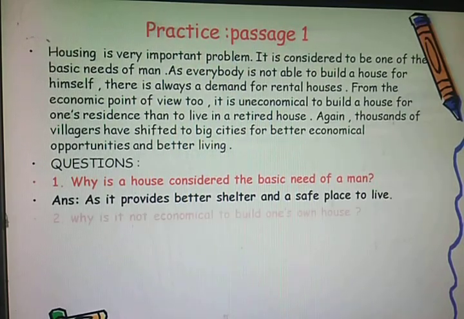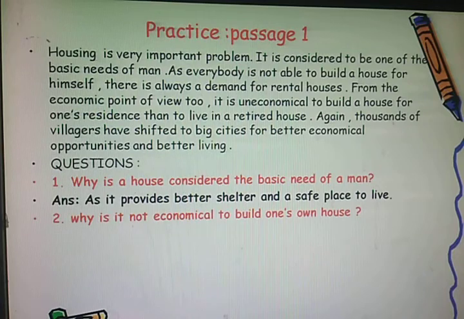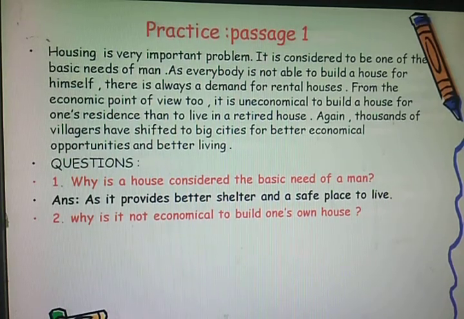Second question. Why is it not economical to build one's own house? I give you 1 minute to write your answer in the comment box, or write it on your rough paper. After 1 minute, I'm going to show you the answer.